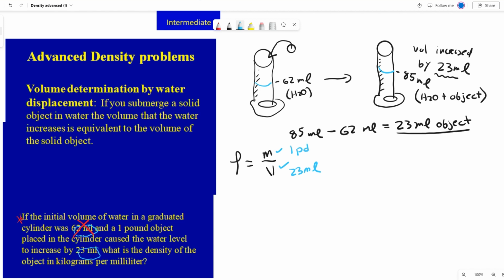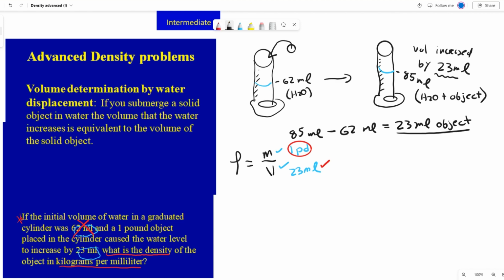Okay, so we have the mass, we have the volume, and it does say what is the density. So this is a density problem. What is the density? But it specifically wants the density in kilograms per milliliter. All right, well, we have the milliliter, so we're fine with that, but our mass that we're given is in pounds. So the first thing that we have to do is convert the pounds into kilograms, and then we can use this density equation to finish the problem.